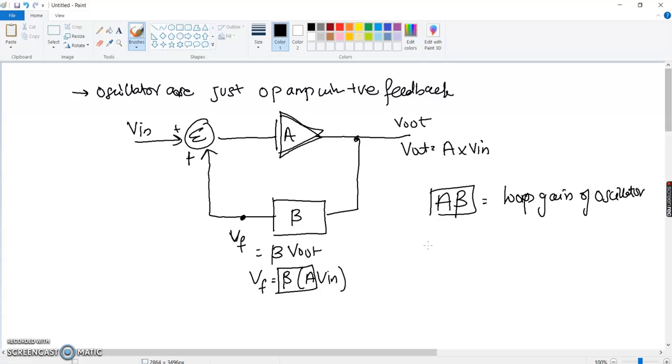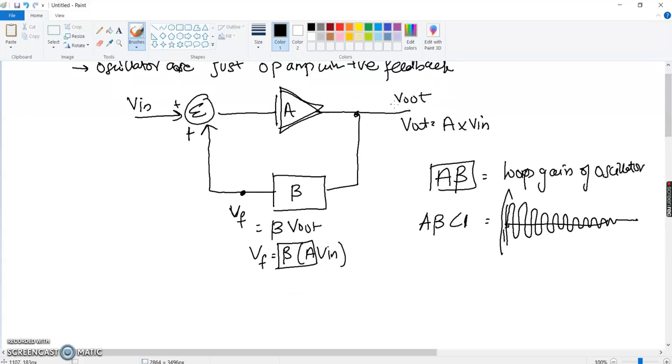If you have A beta less than 1, for example 0.9 or something like that, what will happen? Your oscillator will actually work, for example if it's a sinusoid oscillator, but after a period of time it will damp out and eventually die out, right? Because with the value multiplied being less than 1, it keeps on dying out with every next output.